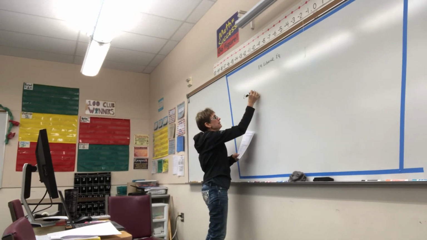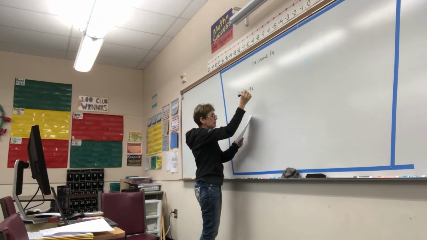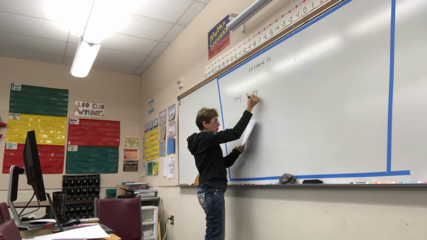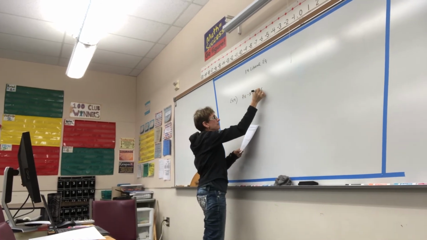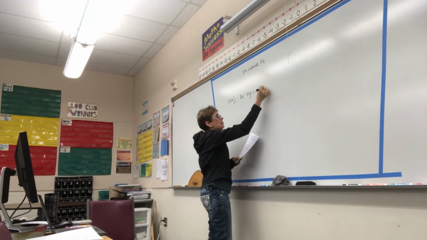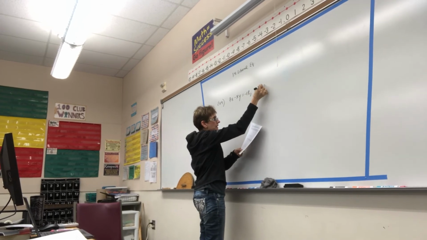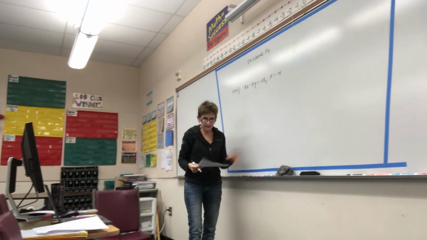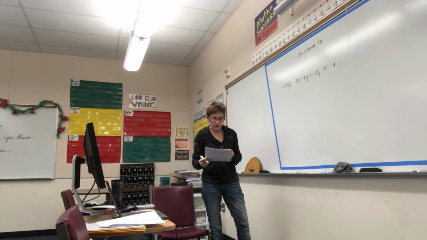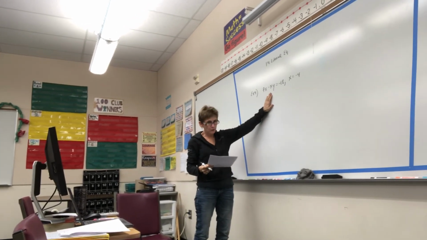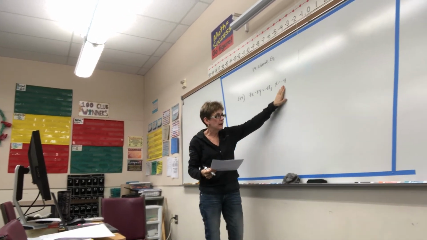So let's go ahead and look again at example 4. If our problem is 7x minus xy equals negative 18, and then they want us to solve when x equals negative 4. Now keep in mind, as I said, there are 2 major steps here. The first one is to solve this formula for y, so we're not worried about x yet.